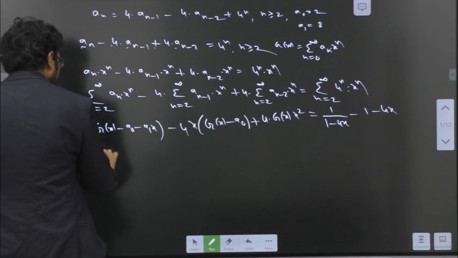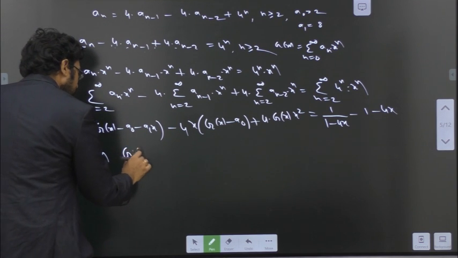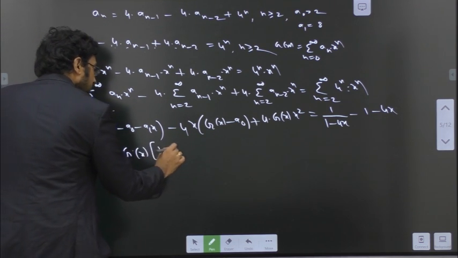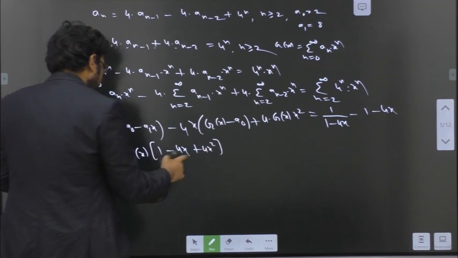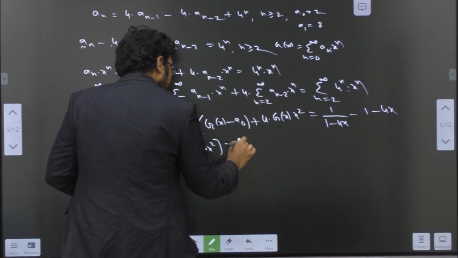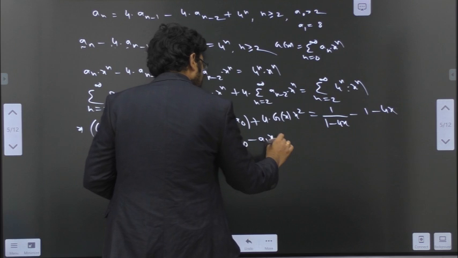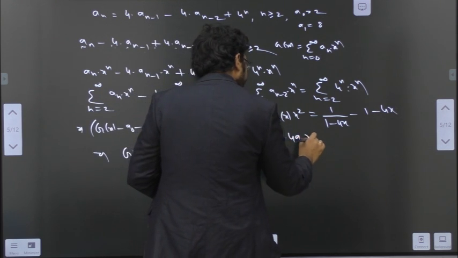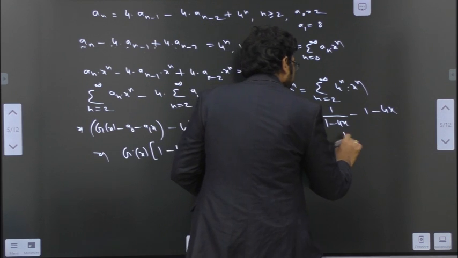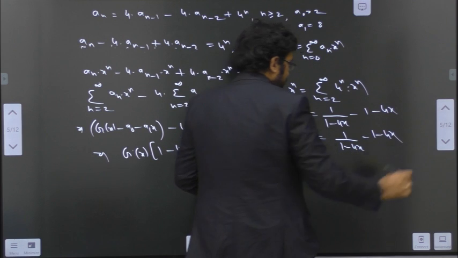Now take from the left hand side, take g of x as common, we will get 1 minus 4x plus 4x square, take remaining terms minus a0 minus a1x plus 4 a0 x equal 1 by 1 minus 4x minus 1 minus 4x.